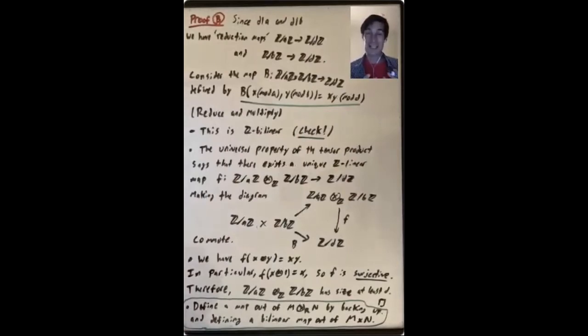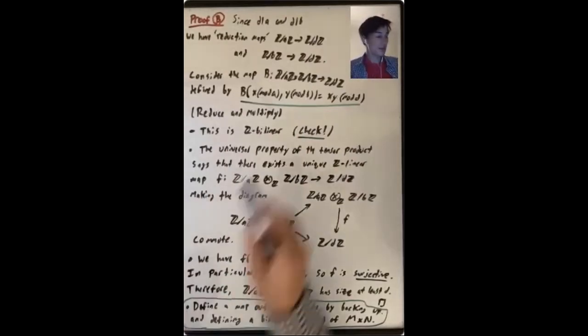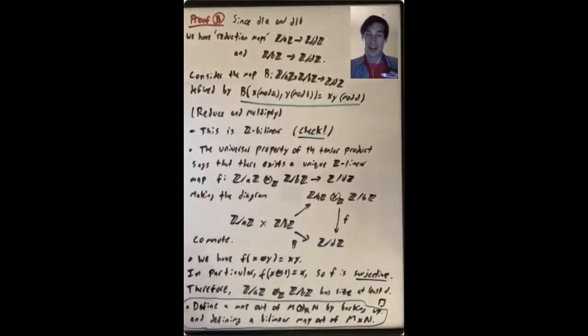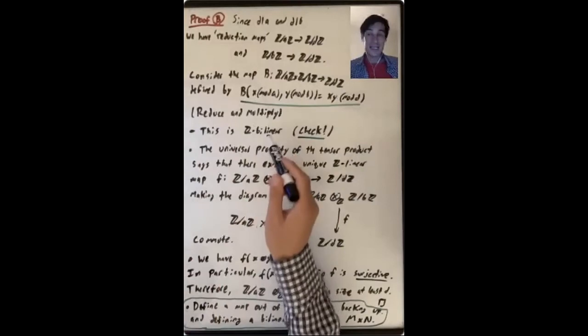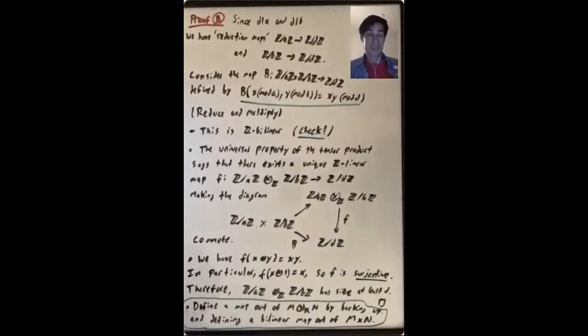This map is going to be the key to the whole thing, so I encourage you to really think about this example. This map is Z bilinear. That is something that you should check. It's not obvious, but you can check just by using things about multiplication and addition in Z mod NZ, this really is a bilinear map.